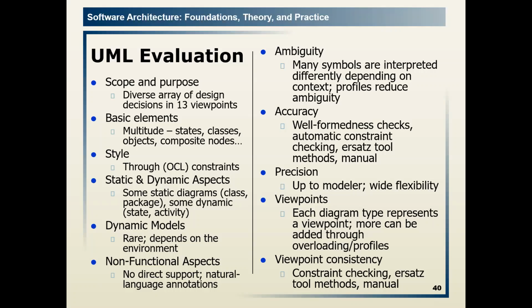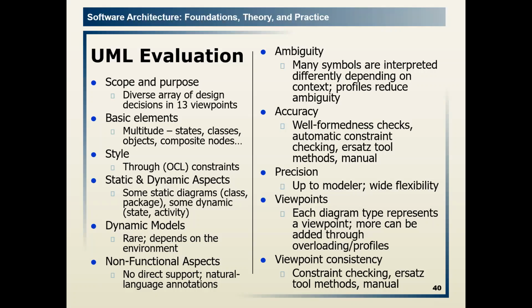Then the ambiguity, right? Many symbols are interpreted differently depending on the context; profiles reduce ambiguity. Because the same set of symbols are used in the diagrams, unless you do profiling, where in the profile you define that this symbol means this. So with profiling, you can customize the UML to a certain extent, and then within that context, it is clearly defined.